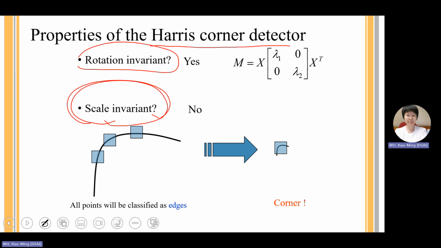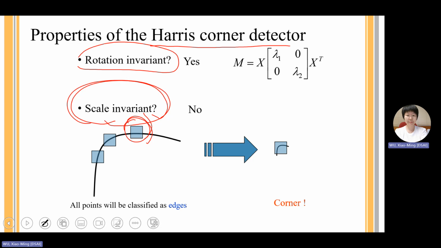When we do corner detection, we slide a window of fixed size across the image, right? Of course, we have to determine the size of the window first, and then we apply it to scan the image.